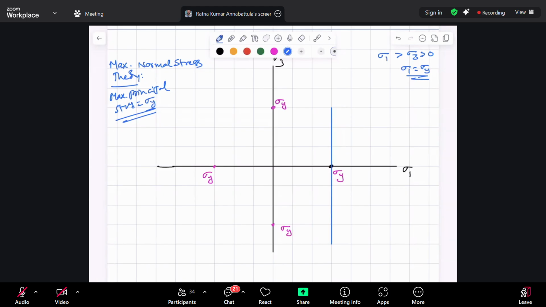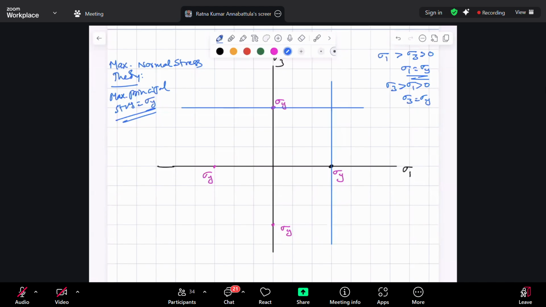Similarly, when sigma 3 is greater than sigma 1 greater than 0, then sigma 3 is equal to sigma y is our failure line. So I can draw this line. Agreed? Yes, sir.